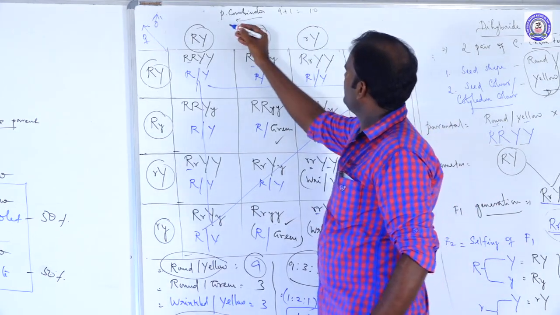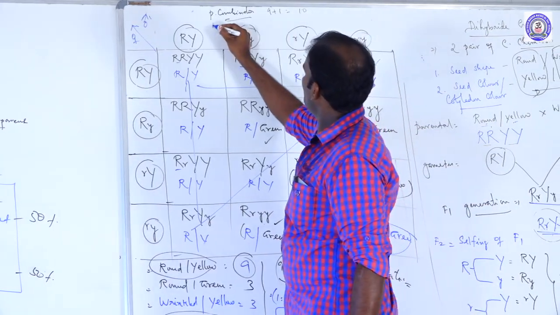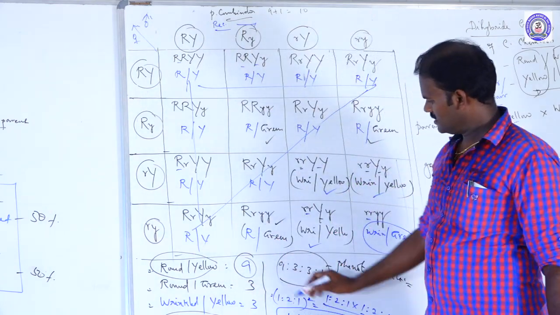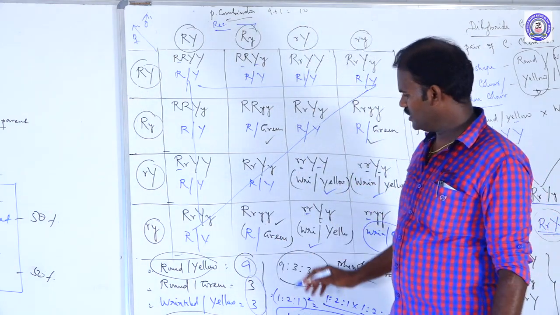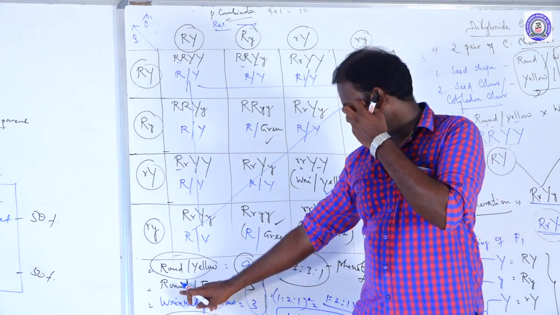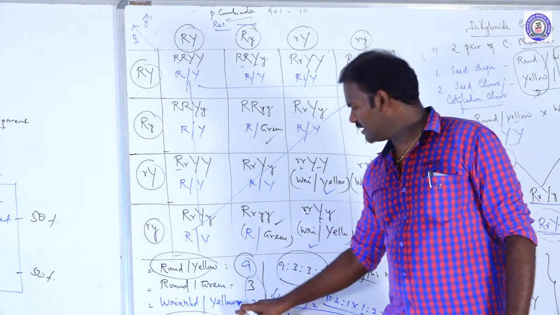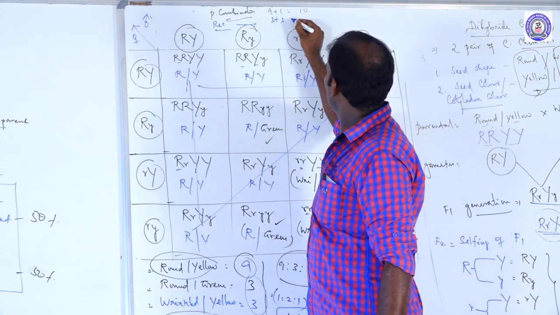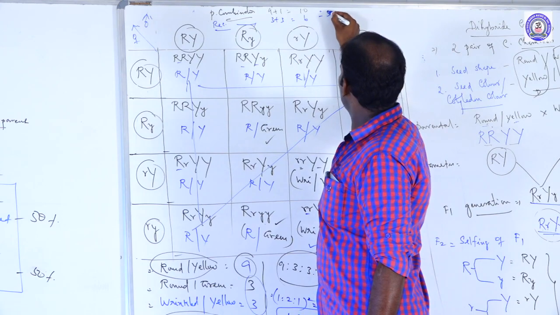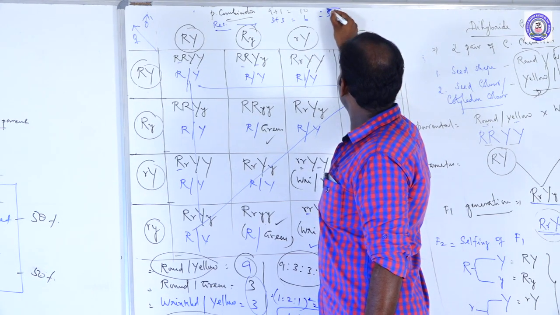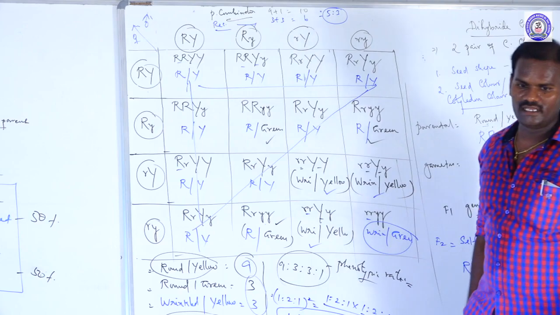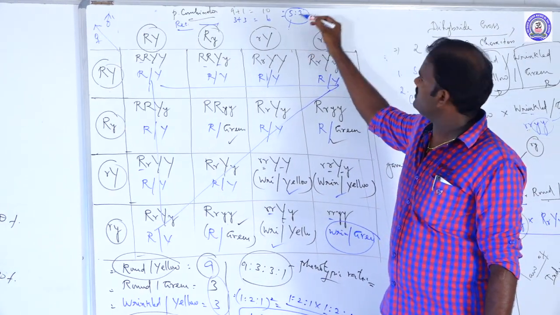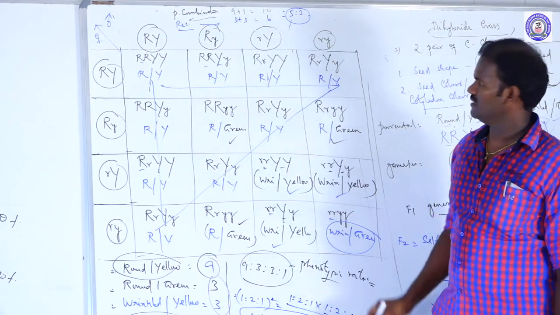Then what is recombination? Recombinations are also called new combinations. 3 plus 3. What are the new combinations? Round green and wrinkled yellow are also formed. 3 plus 3, 6. So what is the ratio? 5:3. In the dihybrid cross, 5 is the parental combination, 3 is the new combination.